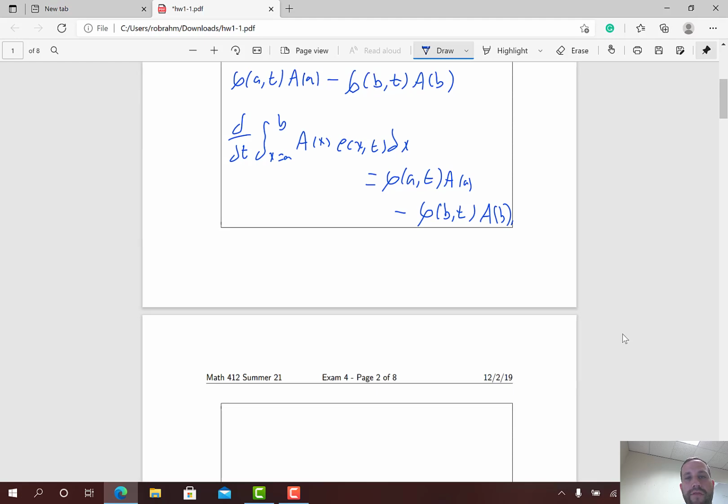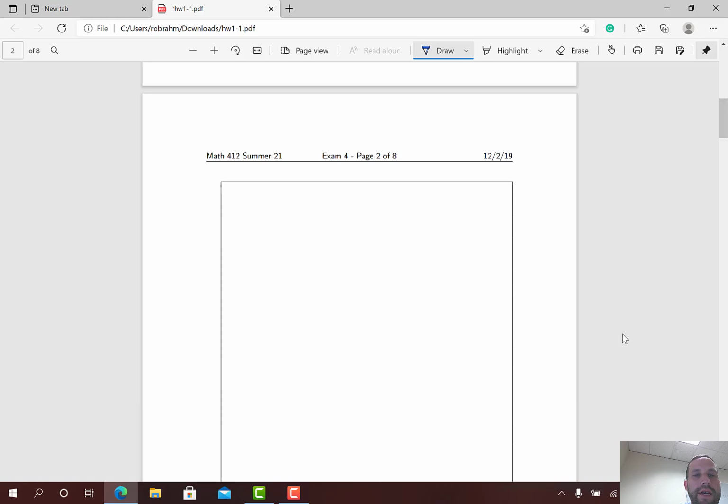Well, I can put the derivative on the inside. Since it's a t derivative and an x integral, it becomes the integral from x equals A to B of A of x, E_t, dx.